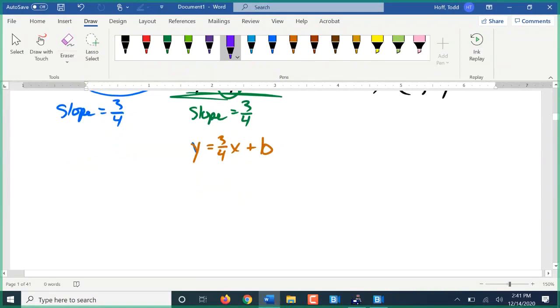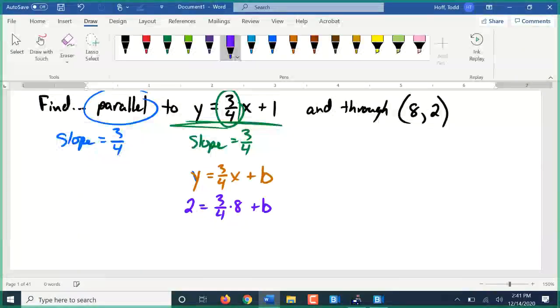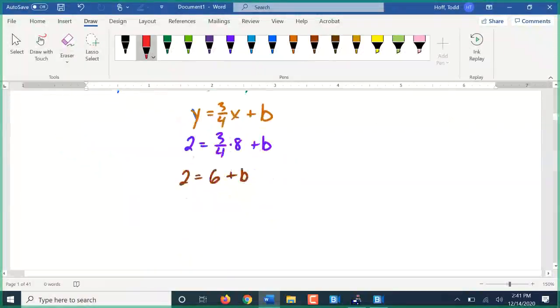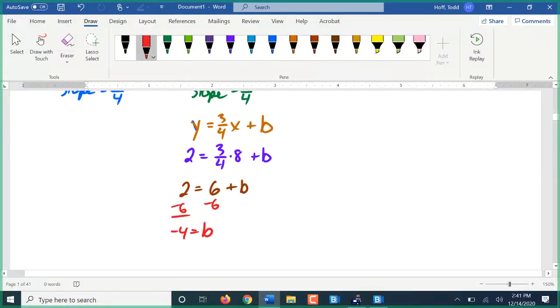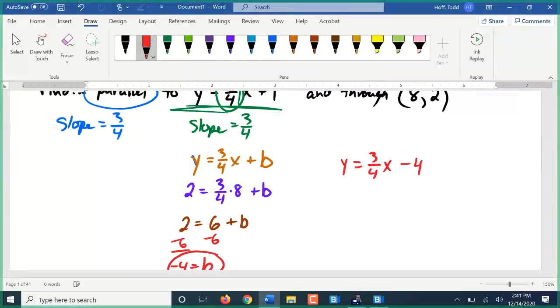We plug in that point 8, 2, so 2 goes in for y, 8 goes in for x. 3/4 times 8 is 6. And then we subtract 6 from both sides. You get negative 4 equals b. So if b equals negative 4, that means our equation is y equals 3/4 x minus 4. That's our equation.